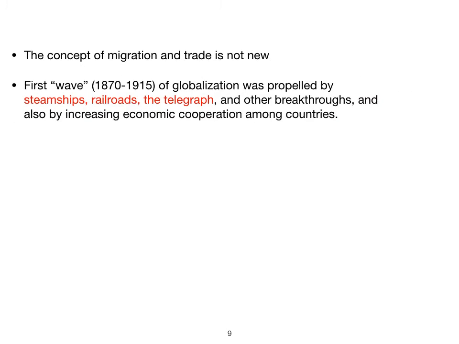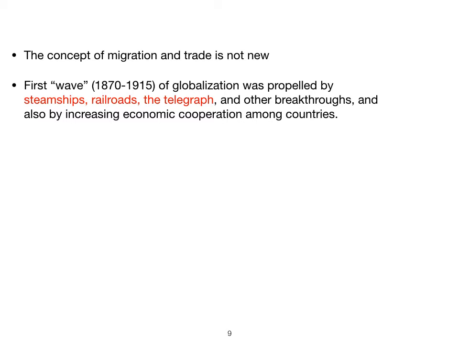But when we talk about the modern phenomenon, let's talk about the first wave of globalization, which is roughly estimated to be between 1870 and 1915. It was mainly because of the development of technology. Globalization was fueled by technologies such as the telegraph, steamships, and railroads, which were all providing interconnectivity and speed at the same time.